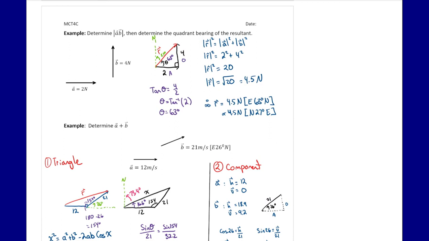A lot of this is going to rely on recalling trigonometry: sine law, cosine law, trig ratios, Pythagorean theorem, to answer some of these questions. So if you are unfamiliar with that or you don't quite remember, please make sure you go back and take a look at those lessons.